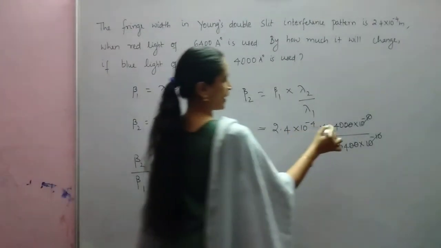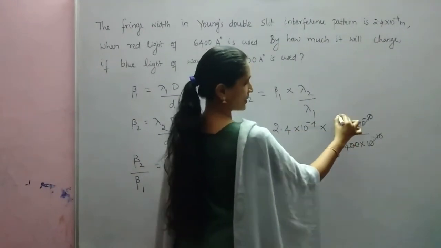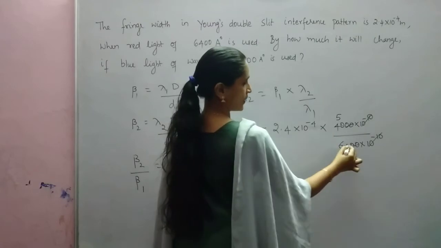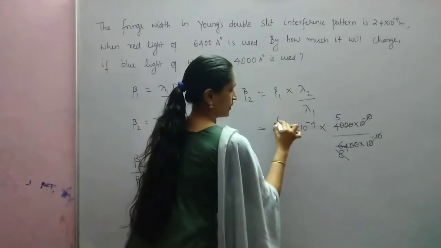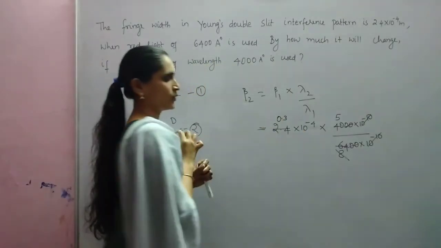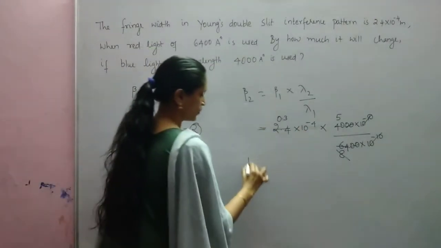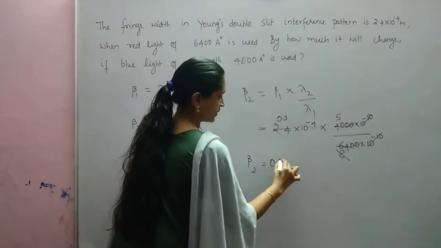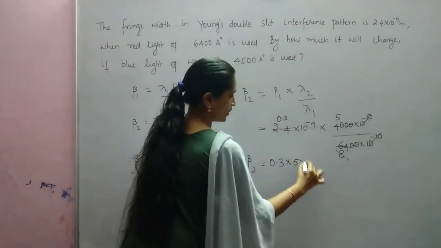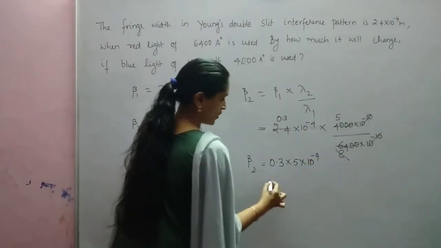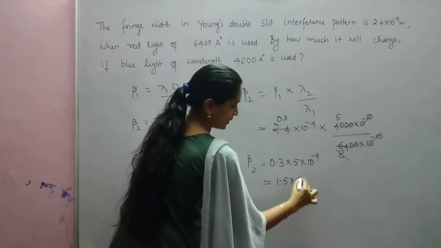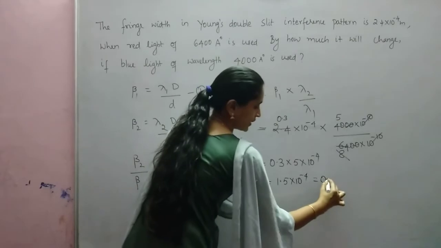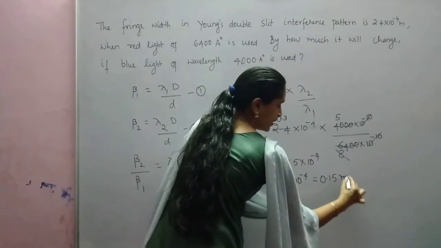Okay. So we can divide it by 8. 5 8s are 40. Here if you divide it by 8, what will you get? 8 8s are 64. And you can write it as 0.3. So beta 2 is equal to 0.3 into 5 into 10 raised to minus 4, or you can write it as 1.5 into 10 raised to minus 4, or we can write 0.15 millimeter.